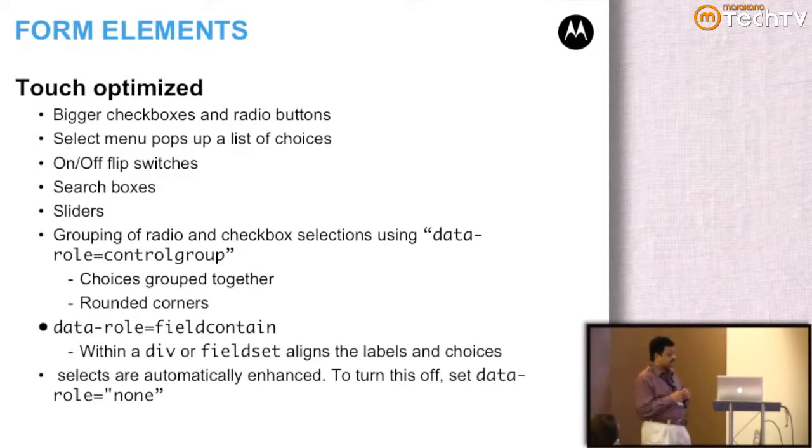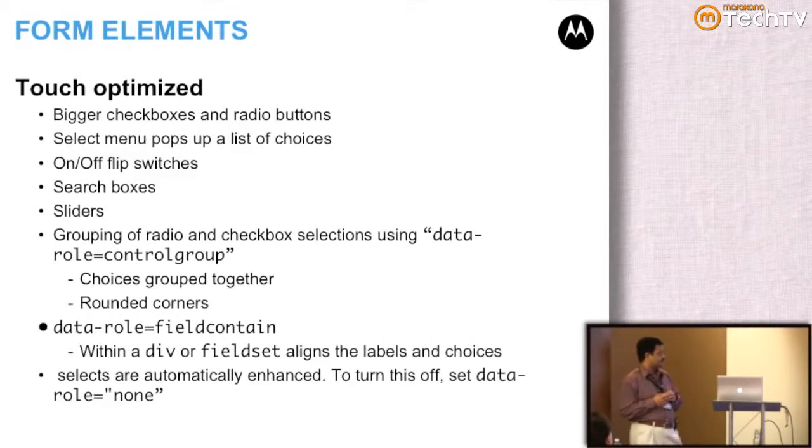It makes the checkboxes and radio buttons bigger, so that you can tap on those easily. When you have a select item, it pops up a box. I am sure you are familiar with it if you use an iOS device.